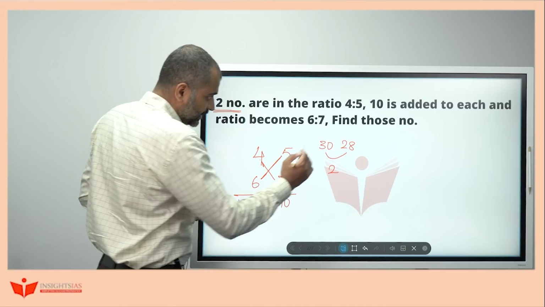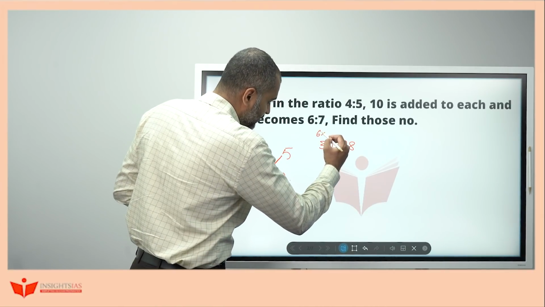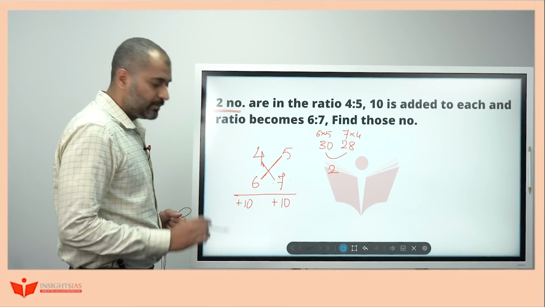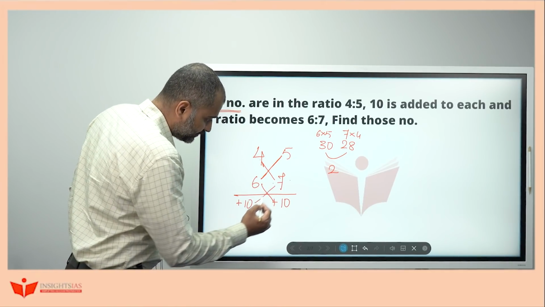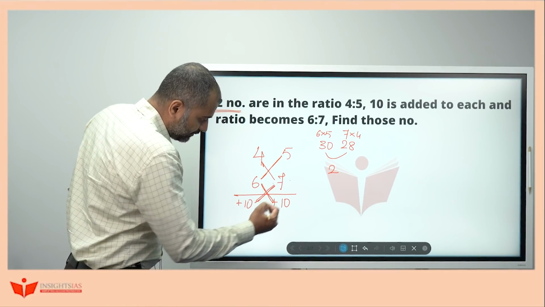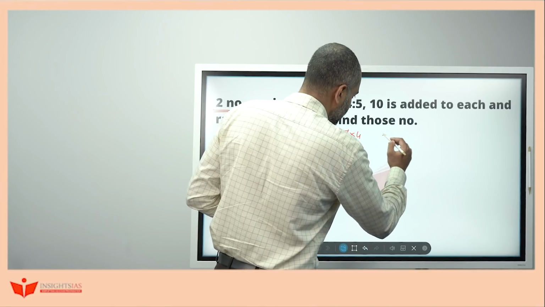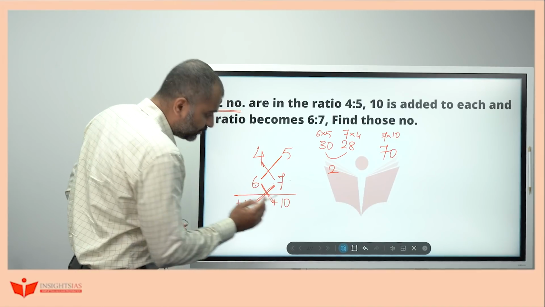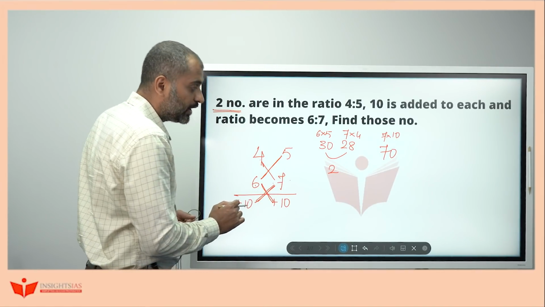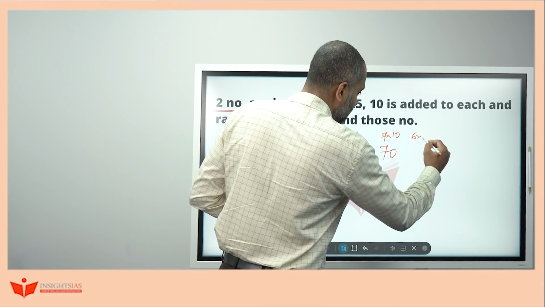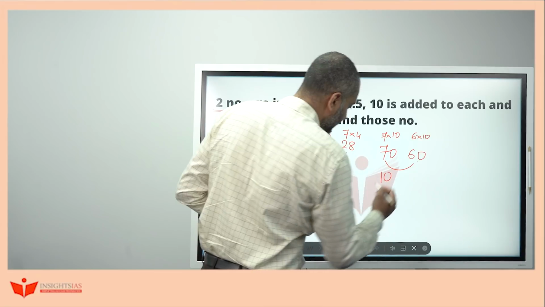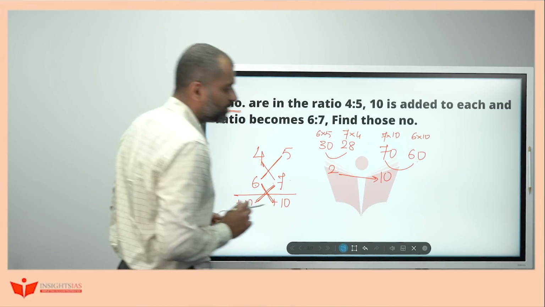This is the result of 6 into 5, and this is 7 into 4. The difference is 2. Similarly, take the difference like this. 7 into 10 is 70. 6 into 10 is 60. Take the difference of these two. This is equal to 10. Equate. These two parts are equal to 10.